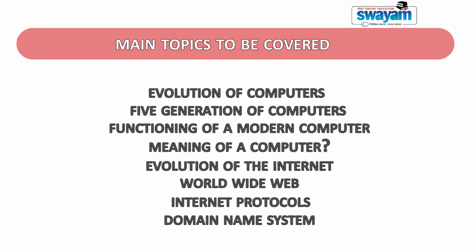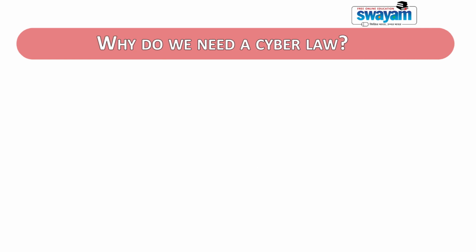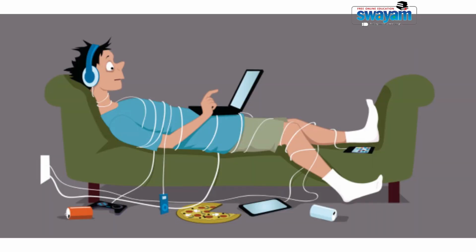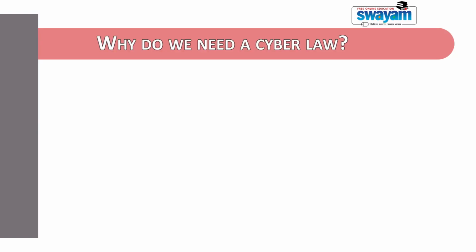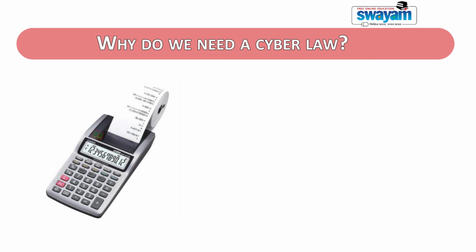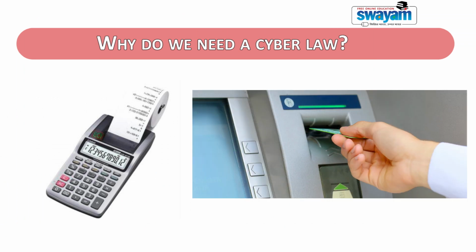Now we would begin with understanding what is the need of a cyber law. Individuals have come to be extremely dependent on electronic media for a variety of reasons, therefore making the computer one of the most significant aspects of most individuals' lives today. In turn, individuals tend to depend on computers in the most diverse ways, which can range from calculation of bills to withdrawal of money through an ATM.